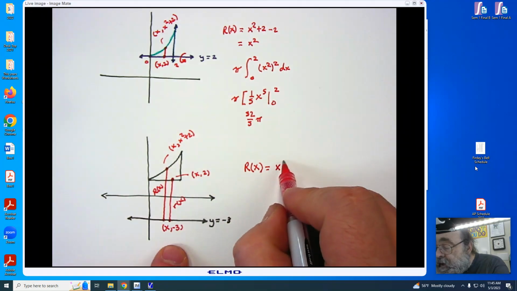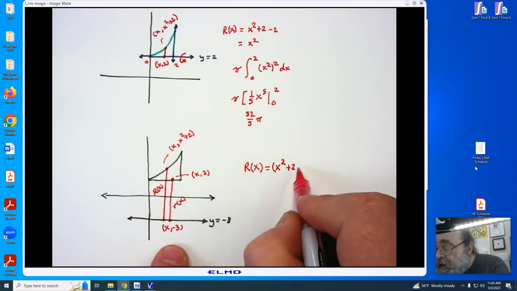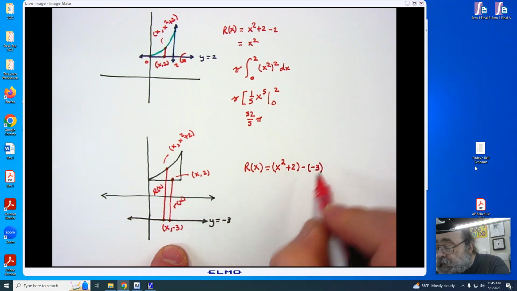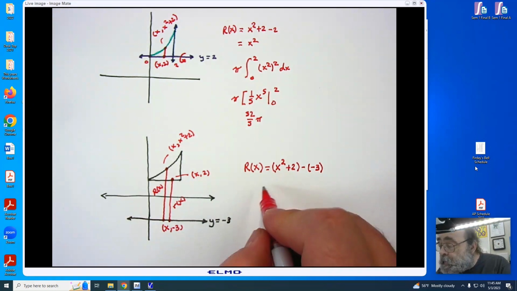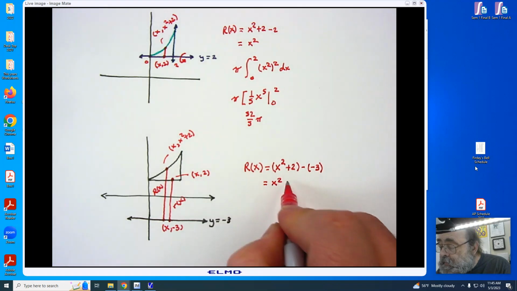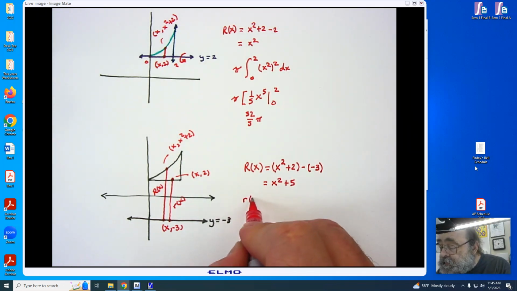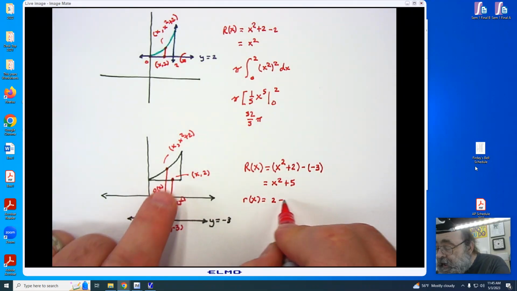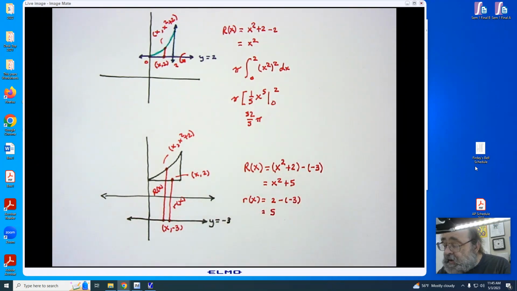Watch yourself carefully and make sure you use parentheses if it's a binomial. If it's not a binomial, you do not need parentheses, but they are helpful. Notice I use the parentheses, and I can clearly see the double negative. That means that I end up with x squared plus 5. Finding r of x, upper 2 minus the lower negative 3, and I'm looking at a 5.